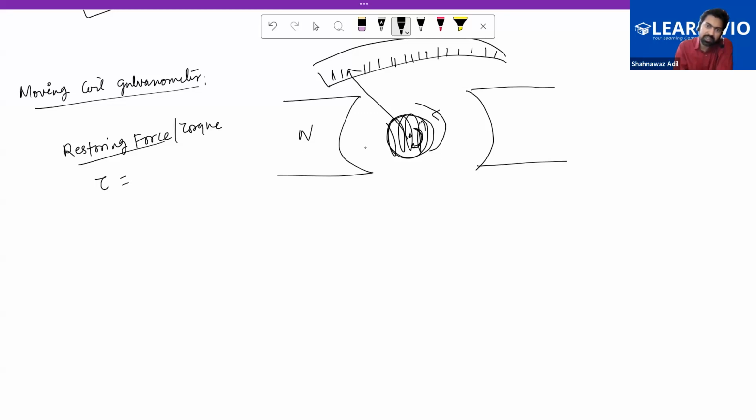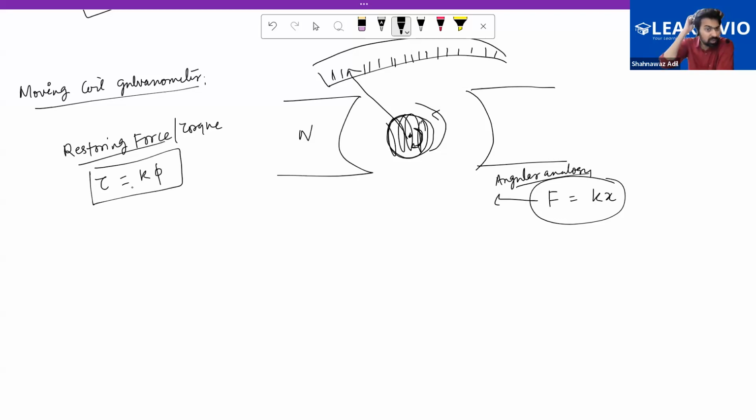That is equal to K phi. Because we know the restoring force is Kx, similar to the angular analogy, the restoring torque would be K phi.